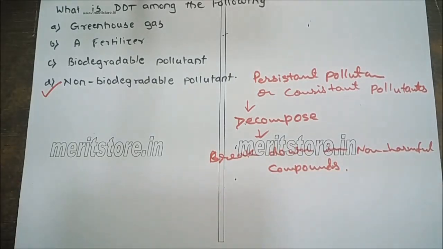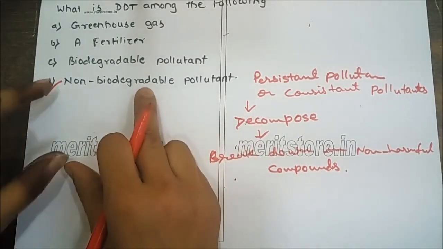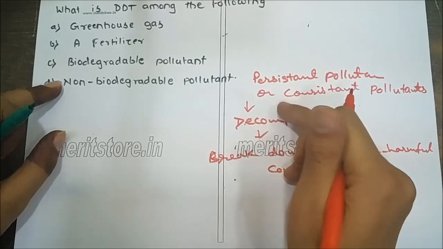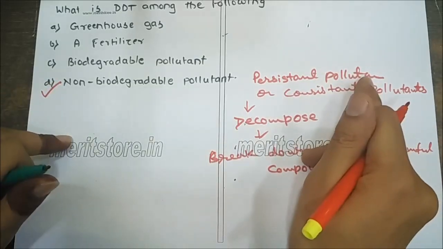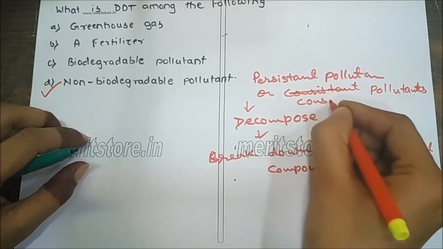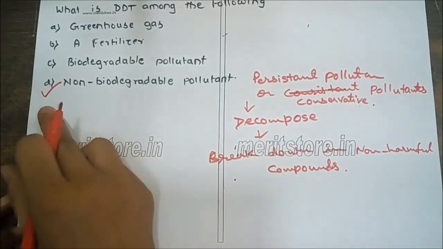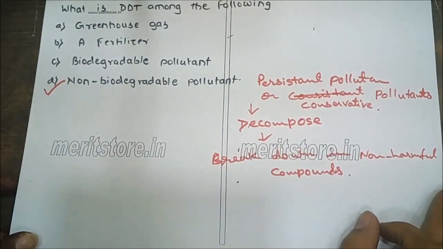So DDT is a non-biodegradable pollutant. It is also called a persistent pollutant or conservative pollutant. So the answer is D, non-biodegradable pollutants.